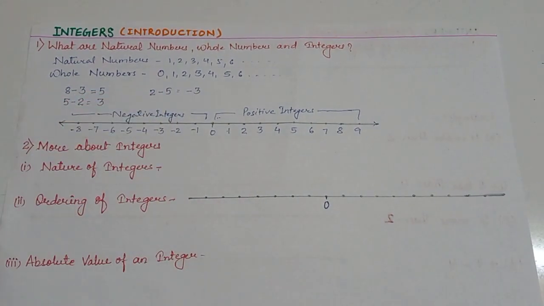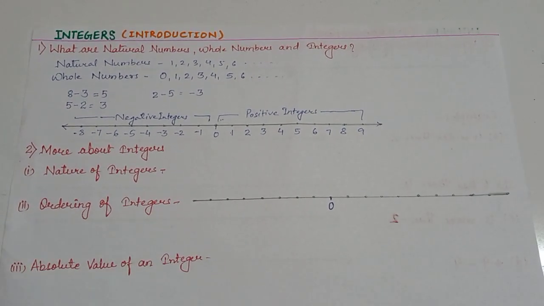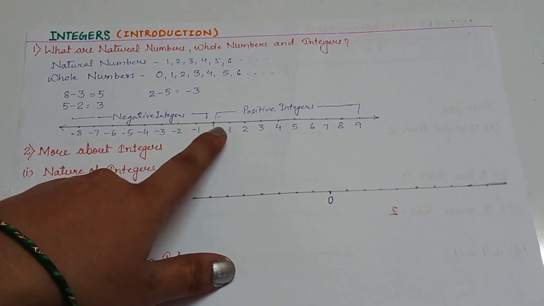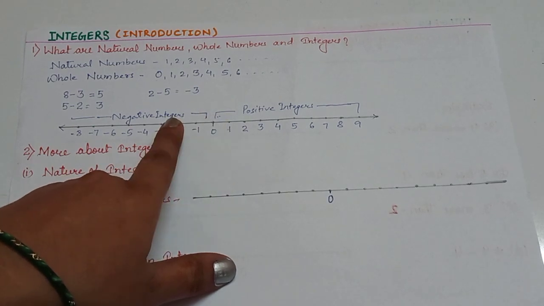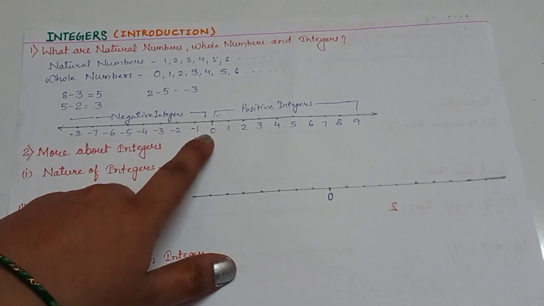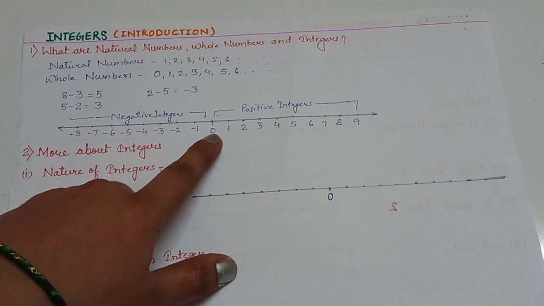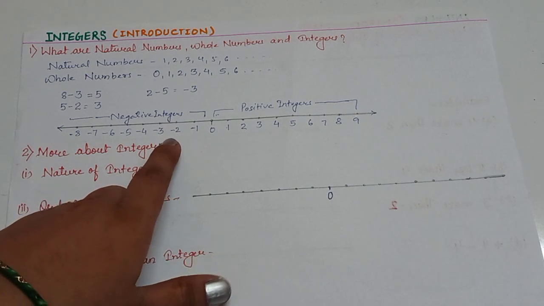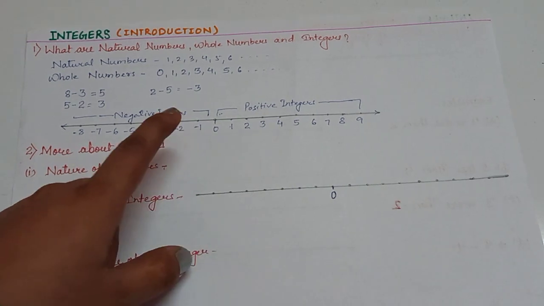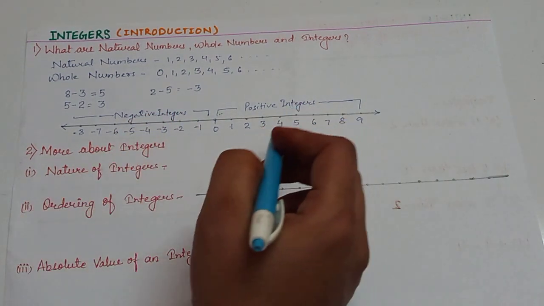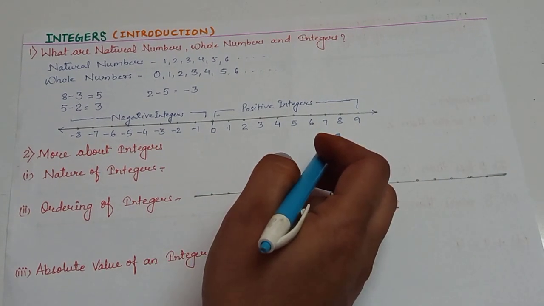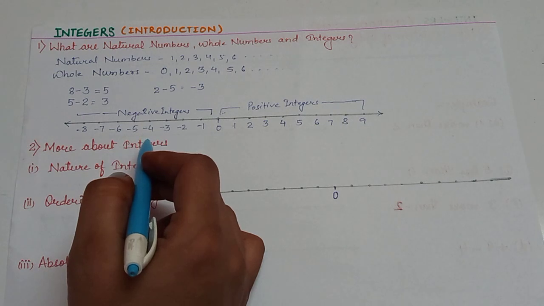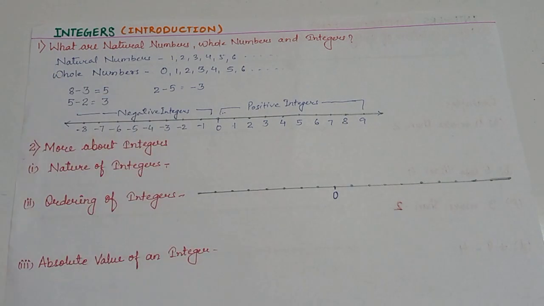So integers are the set of numbers including 0, all the positive integers and all the negative integers. In other words, an integer is a collection of natural numbers, 0 and the negatives of natural numbers.